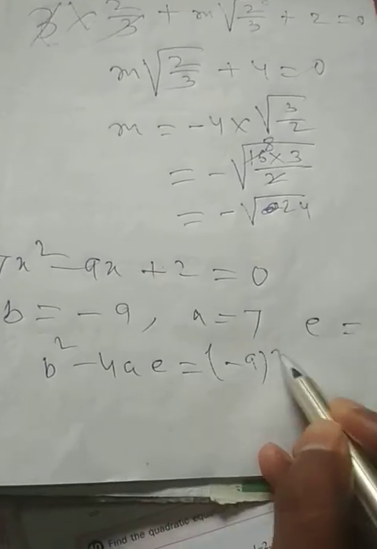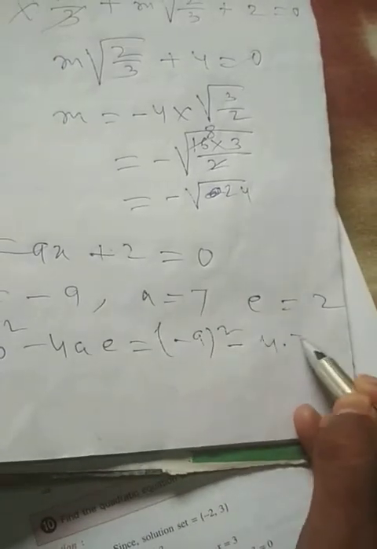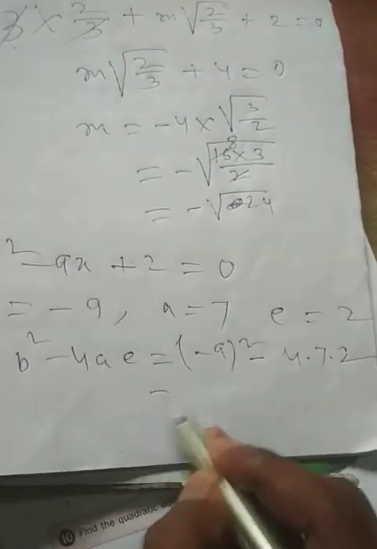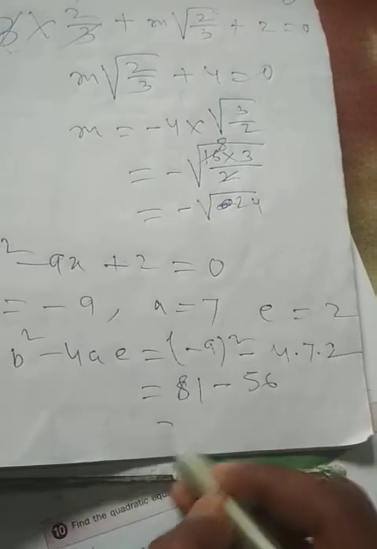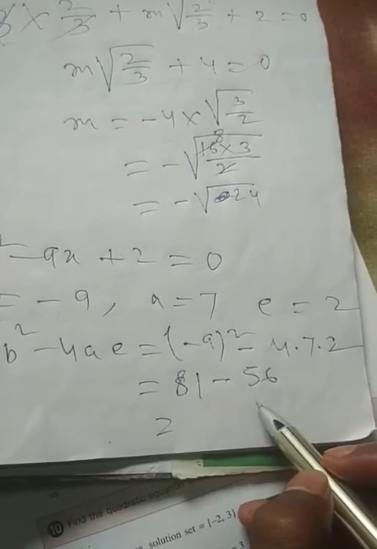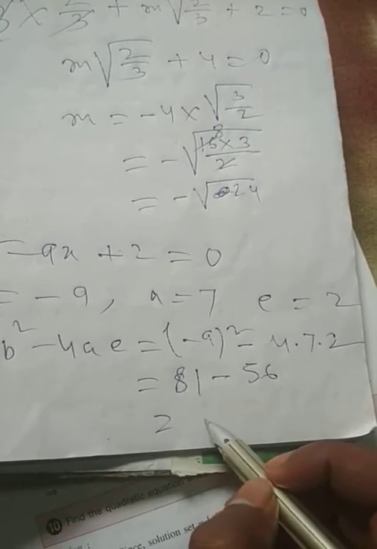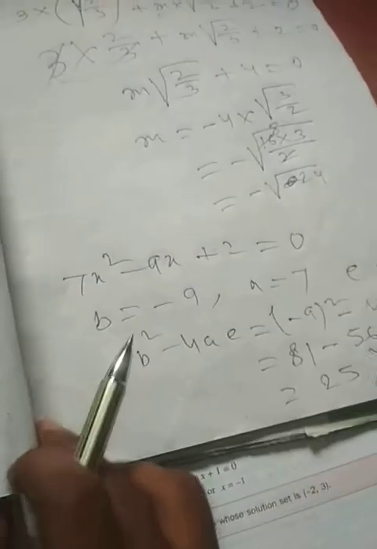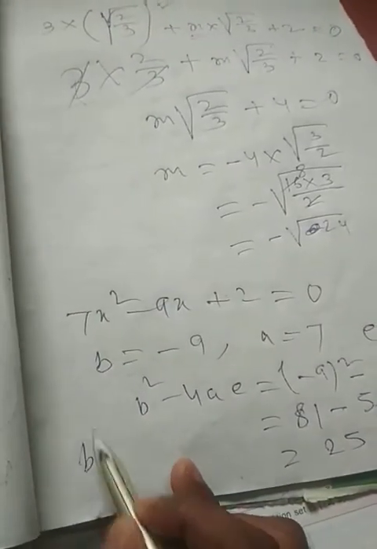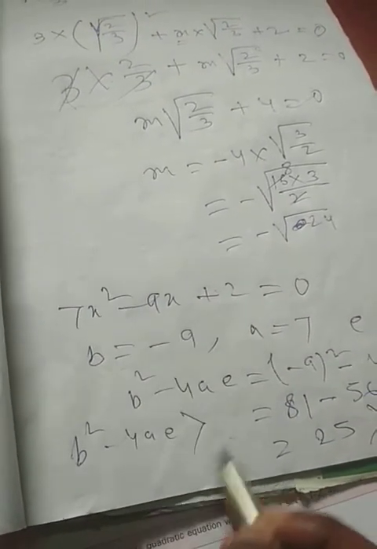Minus 9 square minus 4 into 7 into 2, so 81 minus 56, 25. So that is greater than 0. So b square minus 4ac here I got greater than 0, so I can say the roots are unequal and real.